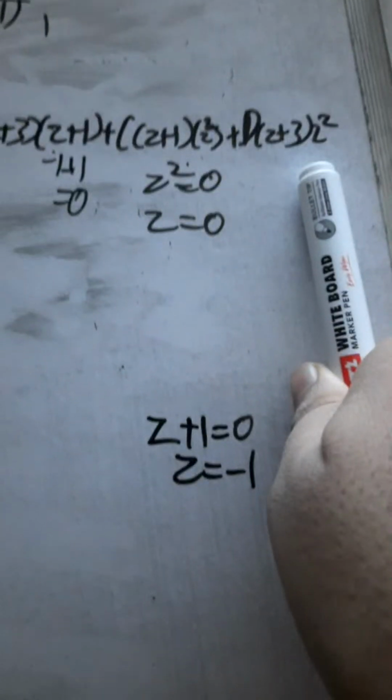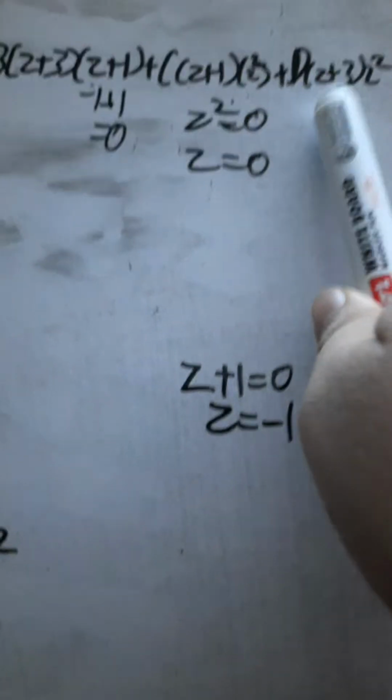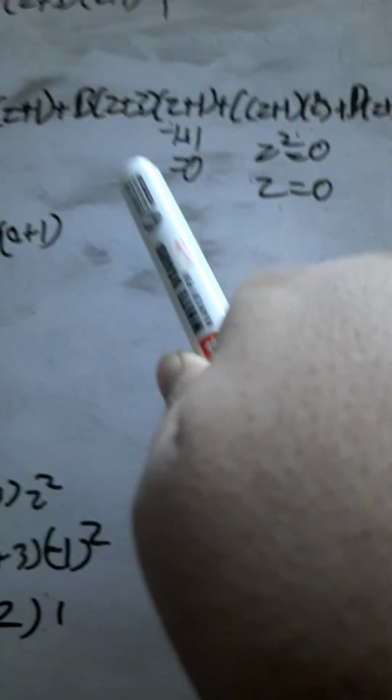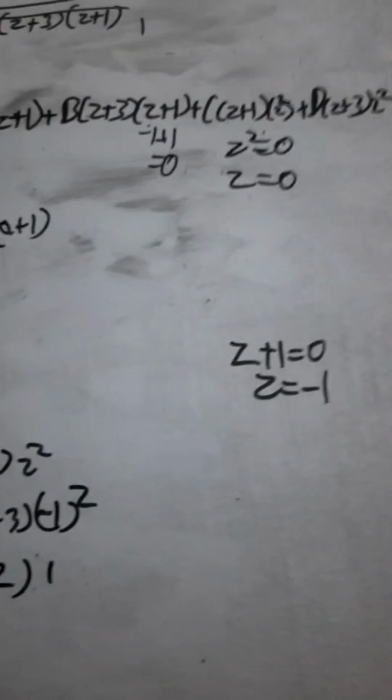On the RHS we took it, so it became the opposite negative sign. So it would be 0, and 0 into anything would be 0, and this term would vanish. Minus 3 plus 3 is 0. Only the C term would remain.